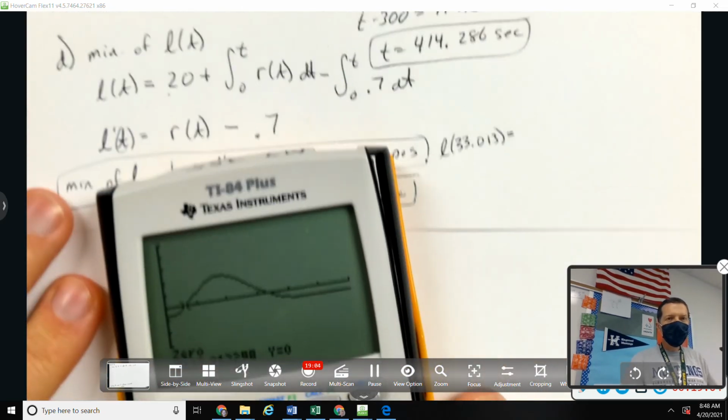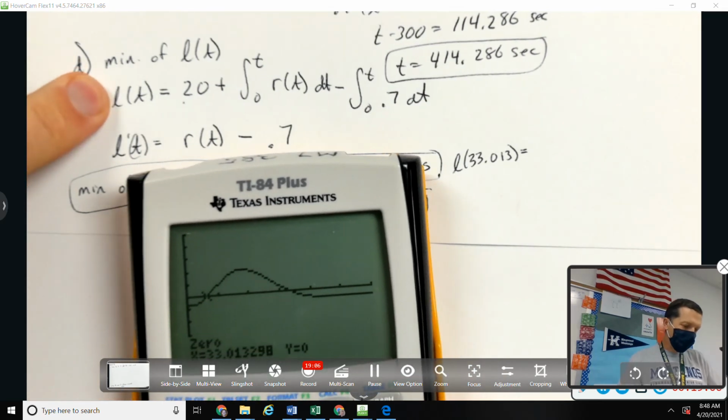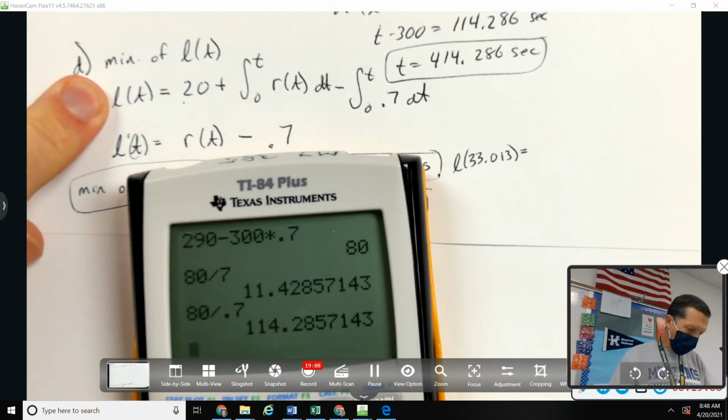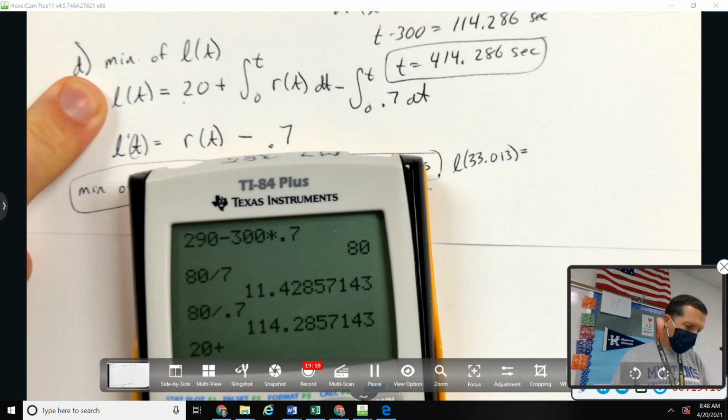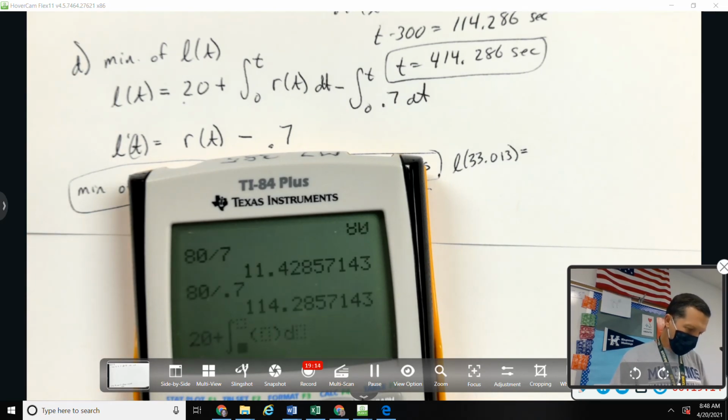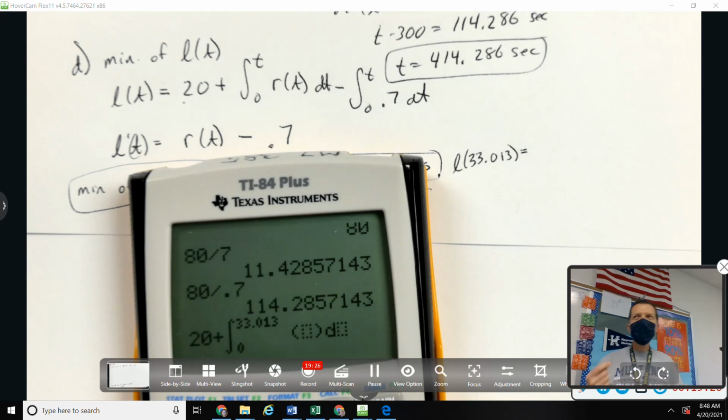So I'm going to use this formula that I came up with for L. 20 plus math 9. I guess if I'd really been thinking, I could have saved the 33.013, but no big deal to type it in. And since it's to the nearest person, carrying 3 decimals means I'm probably going to be okay in terms of accuracy.